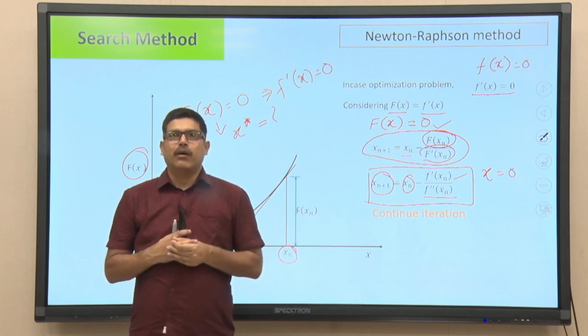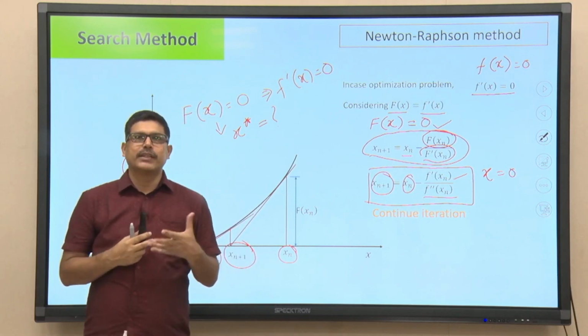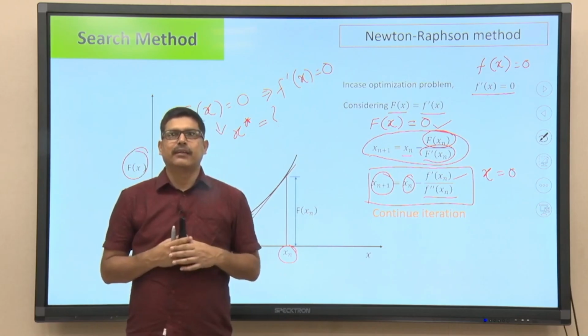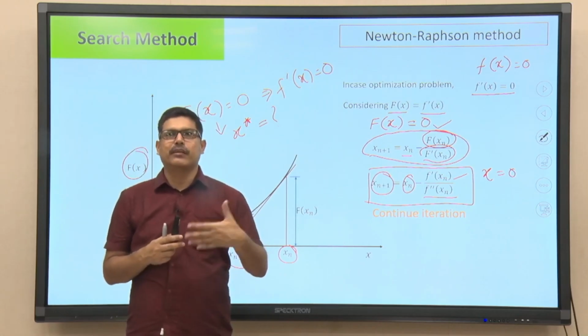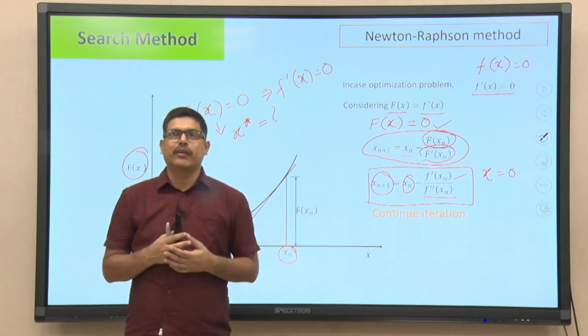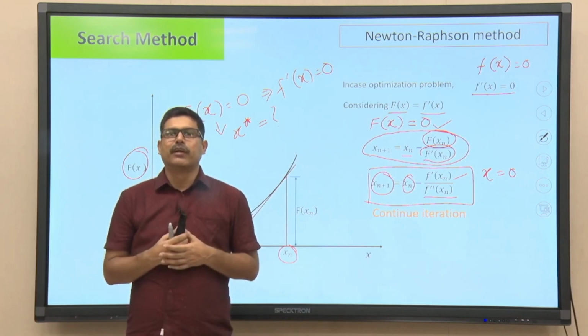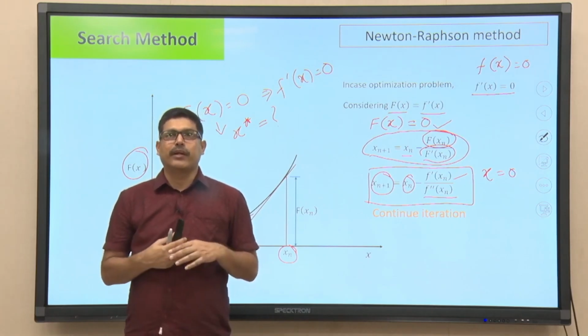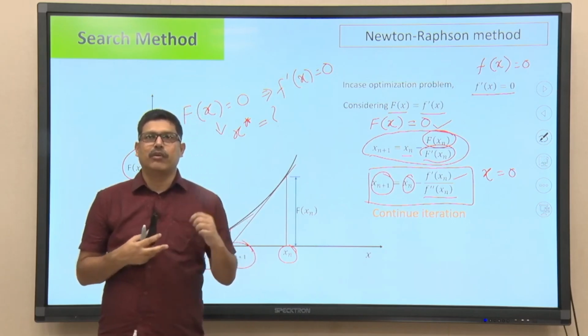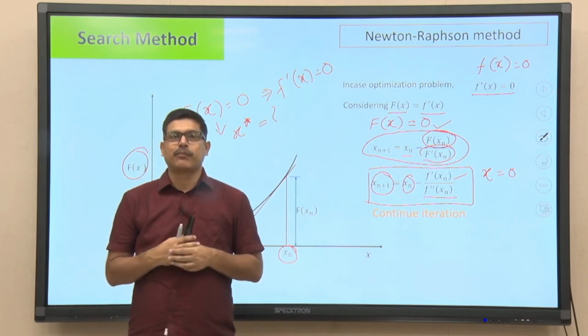Now, if you are working with a simple function, then you can give the derivative of that particular function in the program itself. But when you are working with a very complex function, derivative calculation is not that easy, and it will be difficult to apply the Newton-Raphson method.